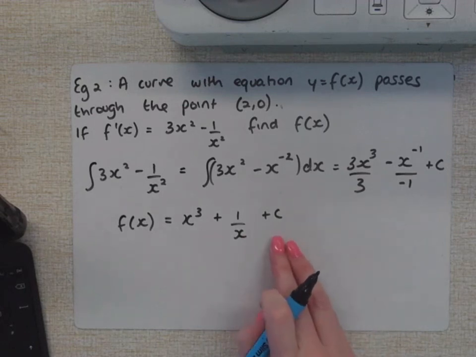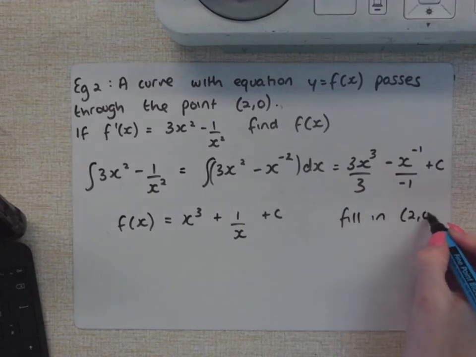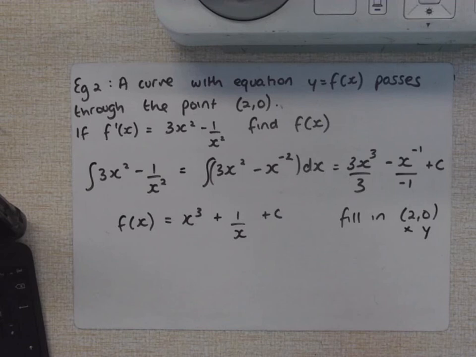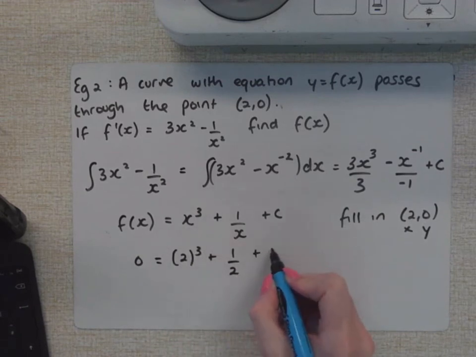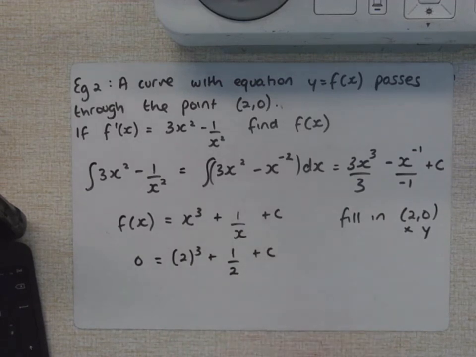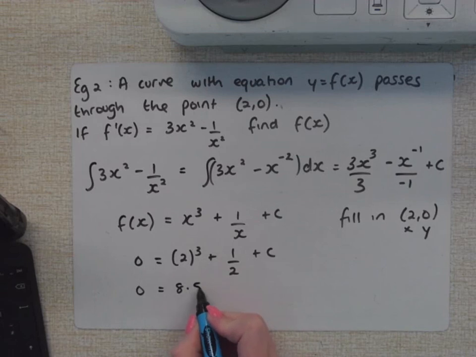Now to find that, you're just going to fill in the point for x and y. Another way of saying y is f of x. So 0 equals 2 cubed is 8, 8 plus a half.